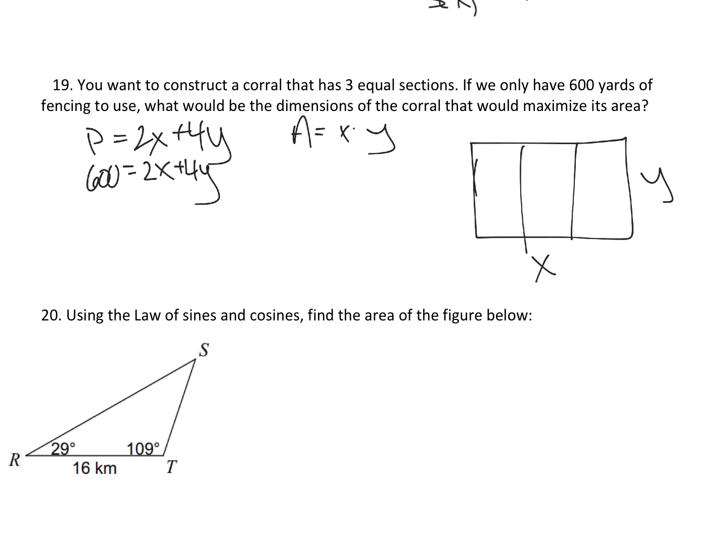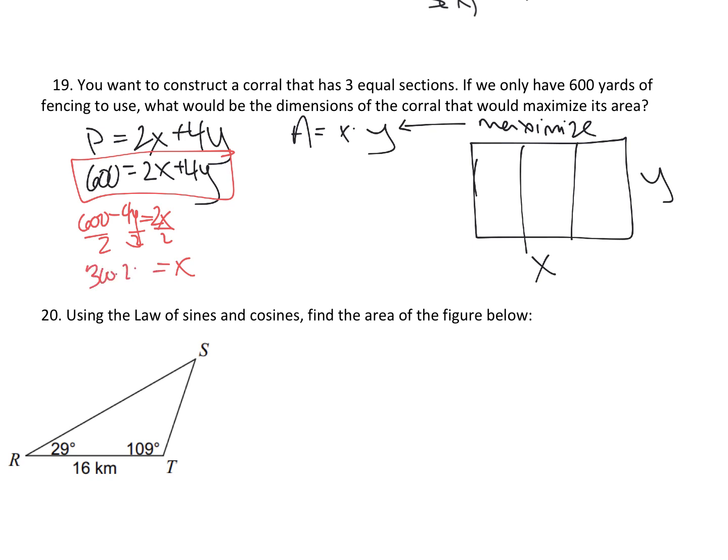Now the thing is, in this equation we want to maximize, but it's in 2 variables, so that's a problem. The key is the fact that I can isolate, let's say, x in this case, so 600 minus 4y equals 2x. Divide everything by 2, and I get x equals 300 minus 2y.